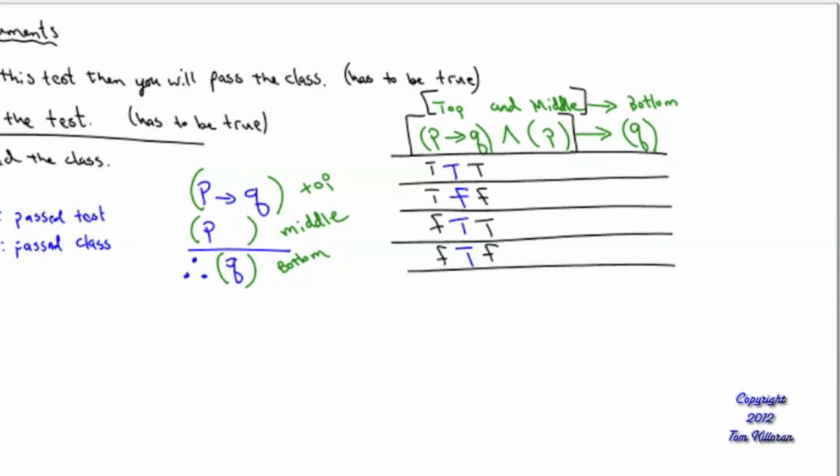Where do I go from here? To the P. What color? Blue, because it's going to go together with the last answer over here, red. So P is true, true, false, false.